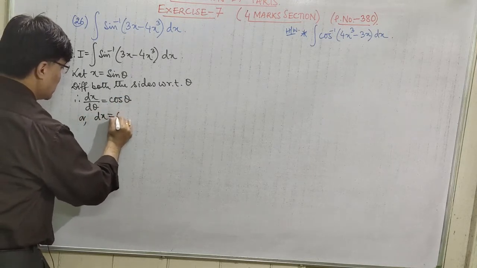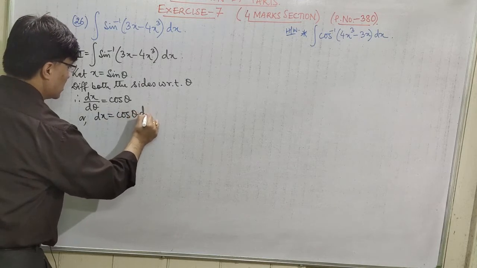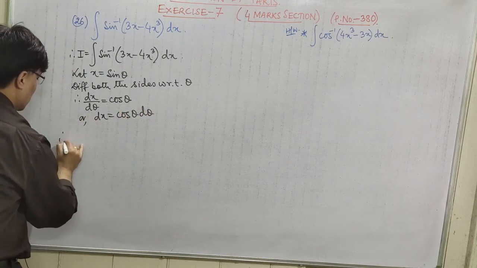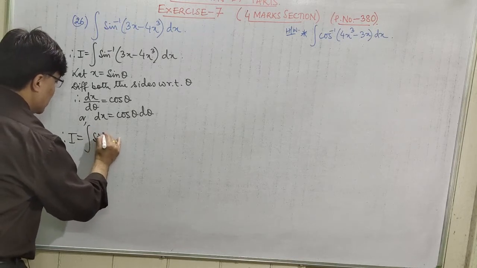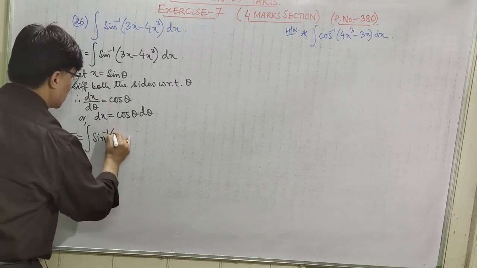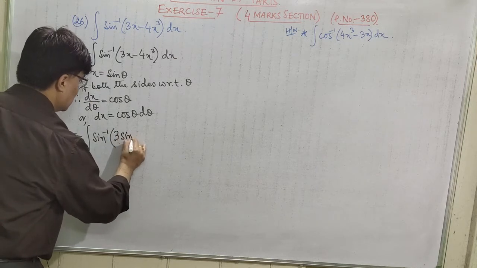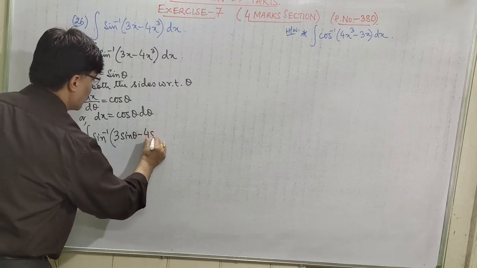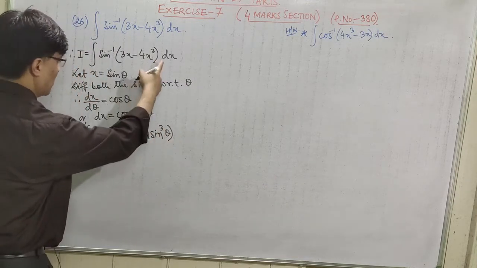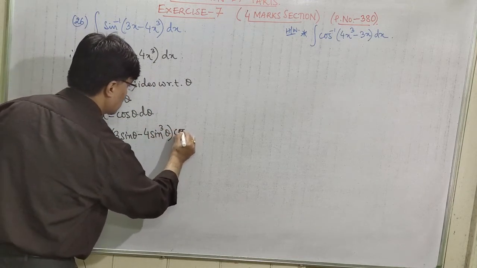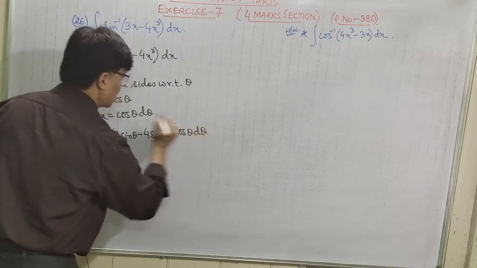So here dx is equal to, this is your cos theta d theta. So now what is I here? I is equal to integration of sine inverse within bracket. What is 3x? 3 sine theta minus 4 sine cube theta bracket closed. And what is dx? It is cos theta d theta.